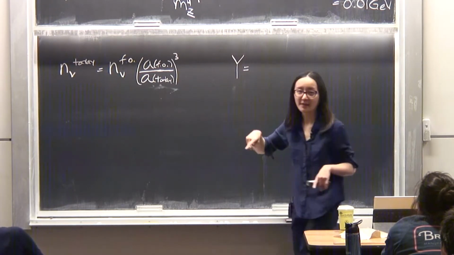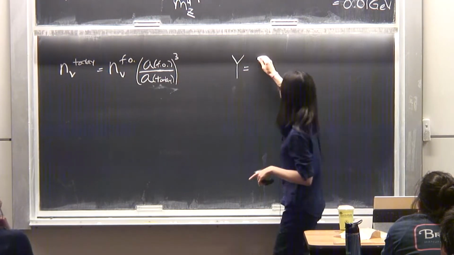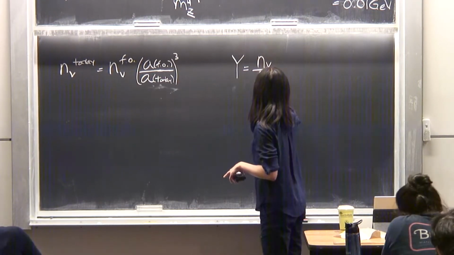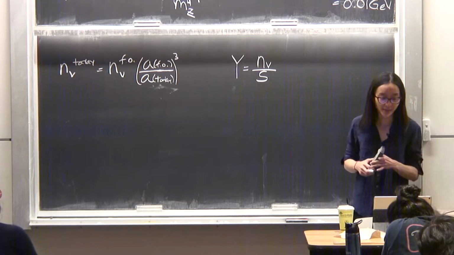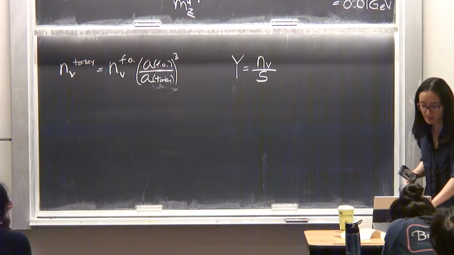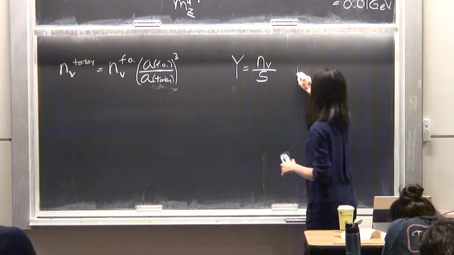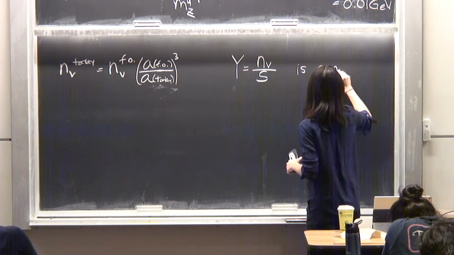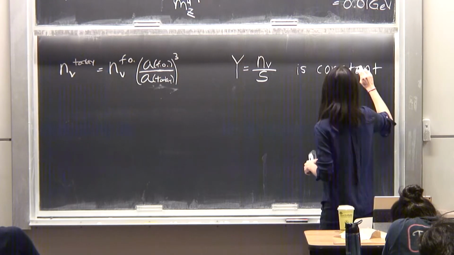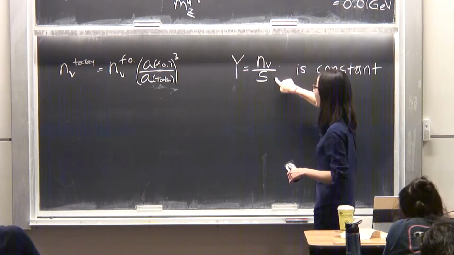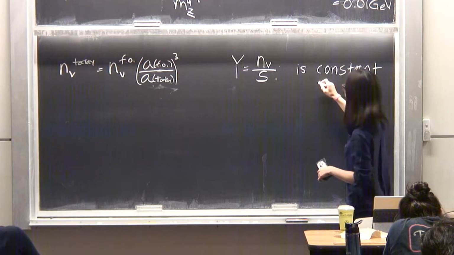This motivates the definition of this Y variable, which is the number density divided by the entropy density. And this is constant after freeze-out, because both of these scale the same way.